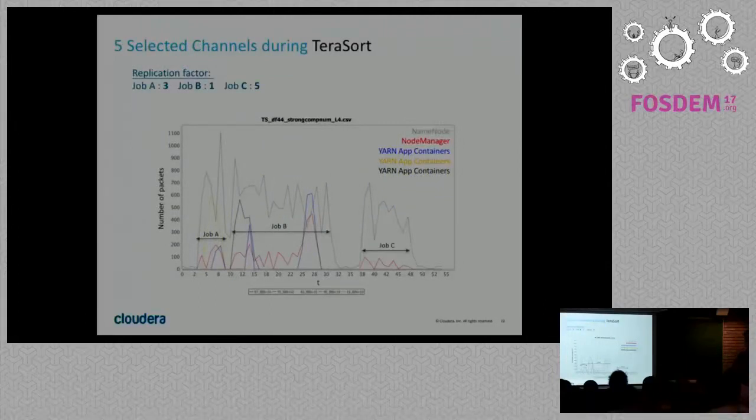This is why we group the stuff by subsystem, and we come up with one time series which represents the number of packets per time interval for each individual subsystem, starting with HDFS, where the name node is just used as an example. We have the node manager, which organizes the workload in the cluster, in red, and blue, black, and yellow are communications related to the job management system. So we can clearly separate this time series and see some effects.